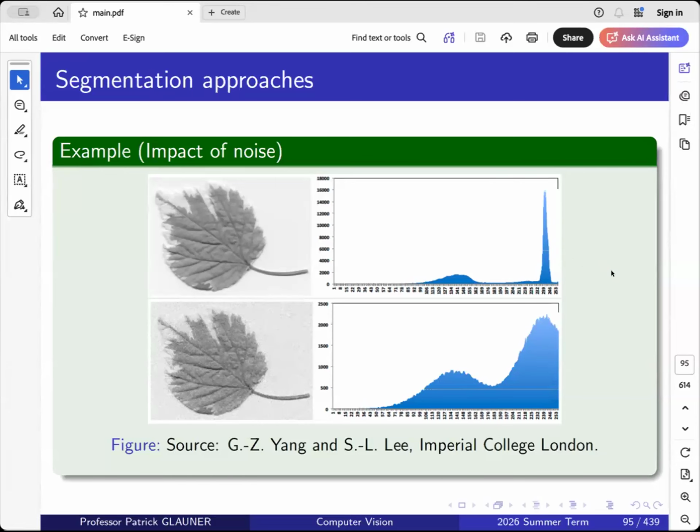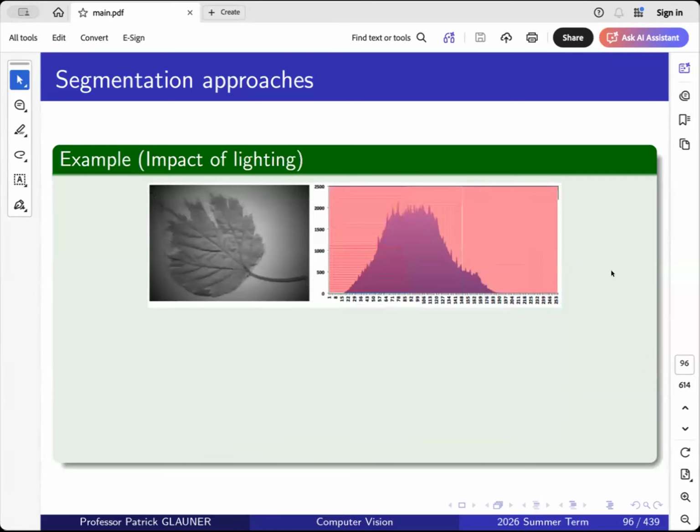For a setting in the wild, so in the wild just means outside or randomly, you would maybe have something like that, then maybe the segmentation approach isn't too great. But even when you have an illumination setting like this, other more sophisticated approaches like a neural network would struggle severely because you just have too bad illumination, and even a neural network would hardly be able to filter this out well unless you have a lot of training data with a lot of data augmentation.